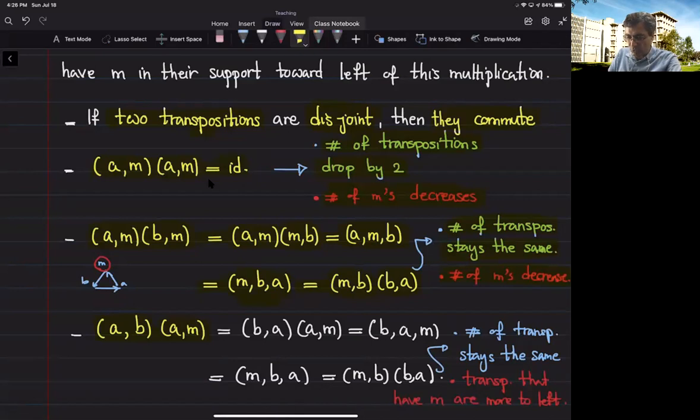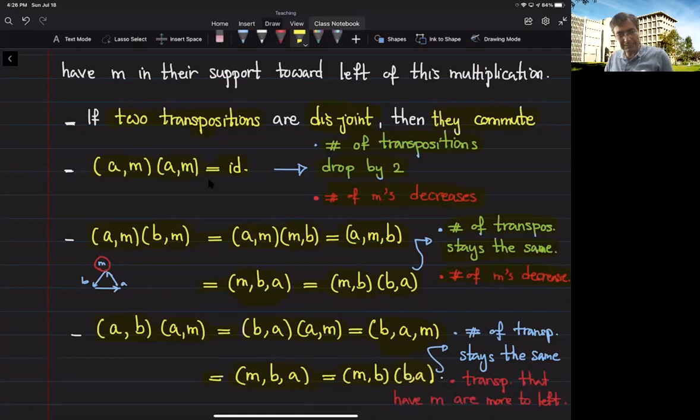Use the linking relation, put A in the right place in order to be able to use the linking relation, get a 3 cycle, move M. Again, I'm going to move M to the initial point in order to get this 3 cycle, and these 2 are the same 3 cycles, but now the advantage is that when I unlink them, the transposition that has M in it is on the left.